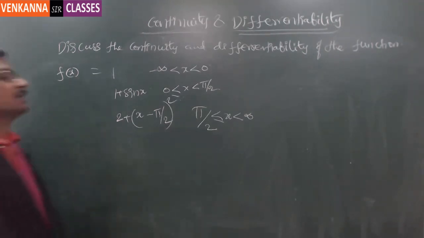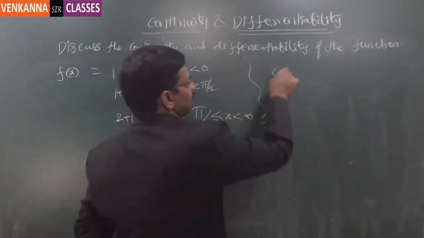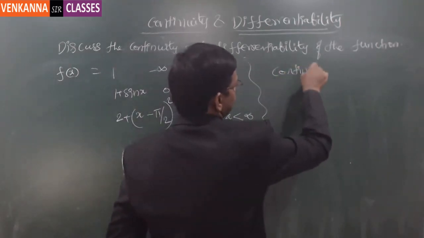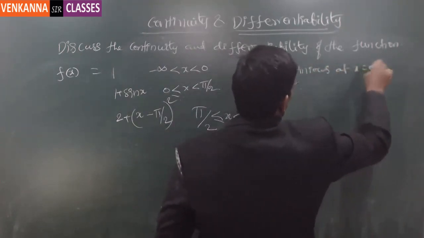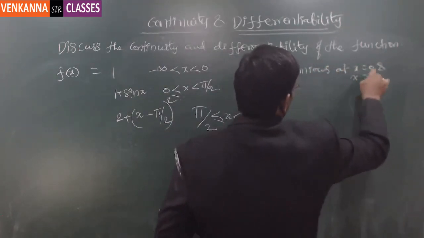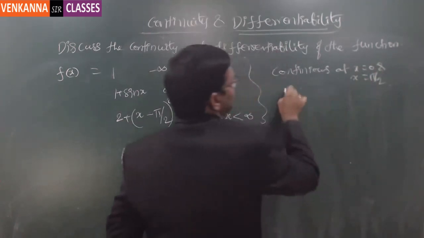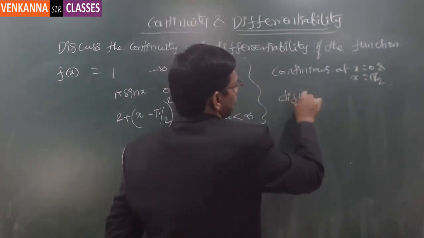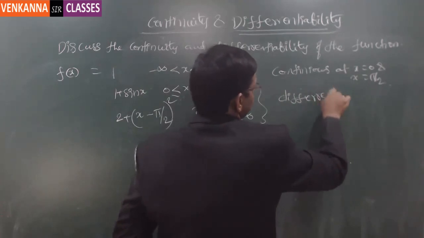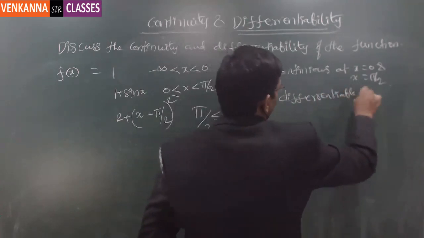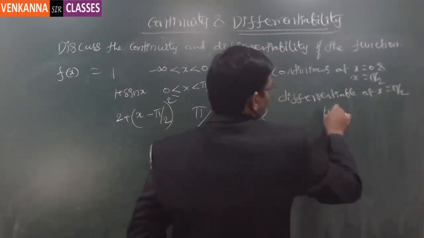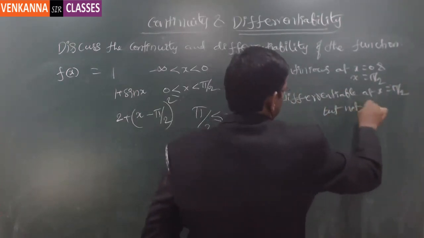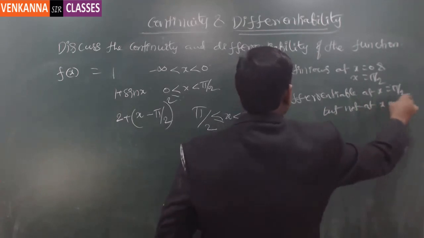So this function is continuous at both places, x equal to 0 and x equal to pi by 2. It is differentiable at x equal to pi by 2, but not at x equal to 0. So this is the answer.